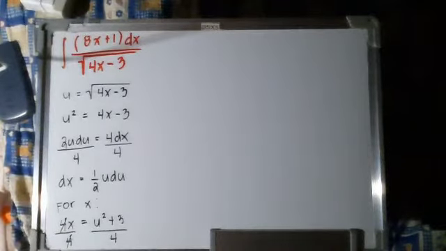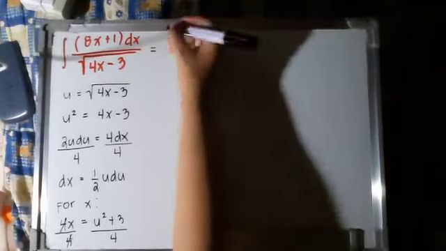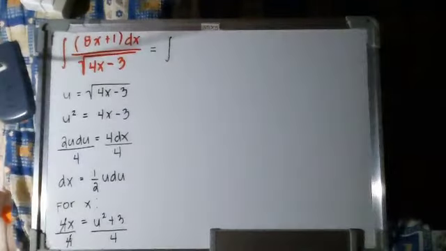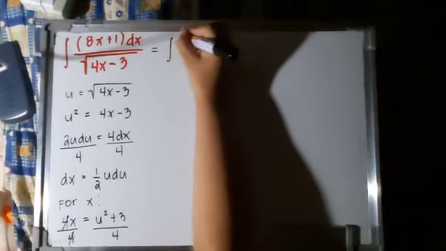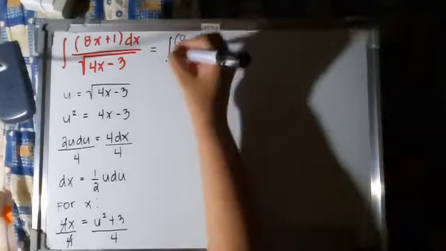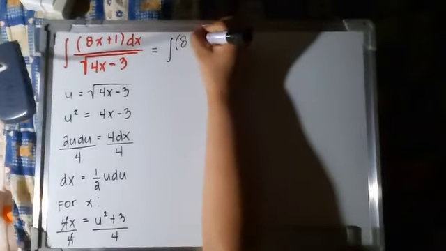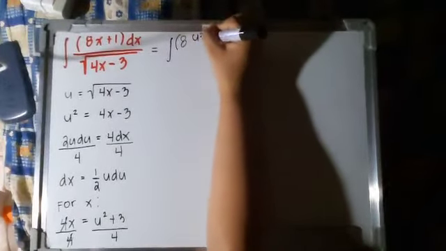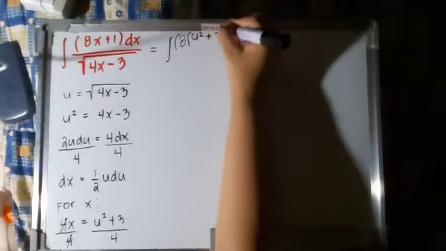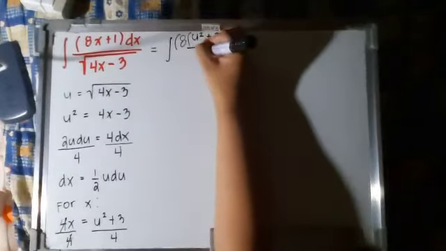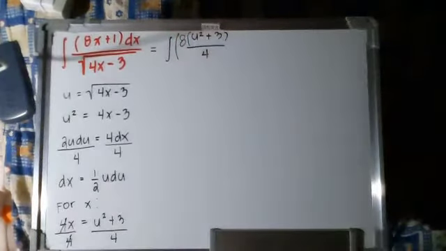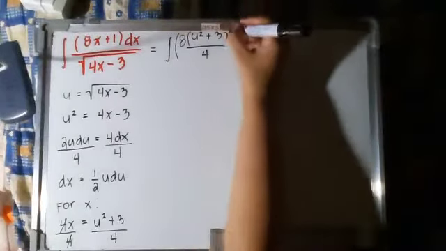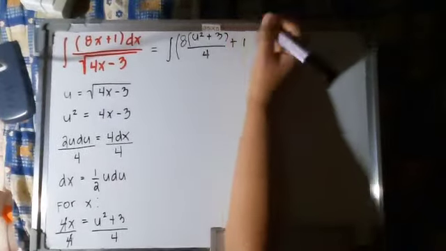So, ang gagawin natin, i-extract na natin yung original. So, we can rewrite this as, so, ito, magiging 8. Then, yung x, palitan natin ng u squared plus 3 over 4. Teka lang, ayusin natin 'to. May plus 1 pa doon. So, plus 1.